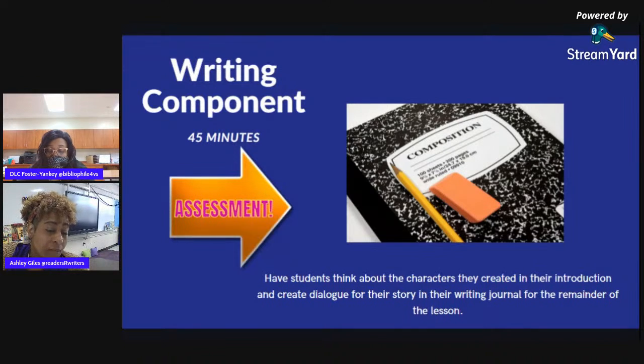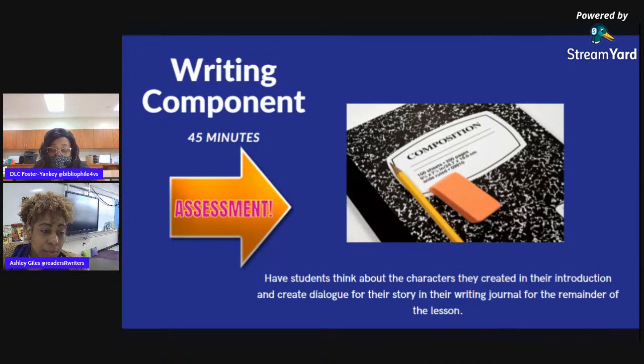And that helps with visualization and the interpretation of what's happening in the story, based off what the character says and how they say it. That is all a factor in the word choice that you put in your paper.